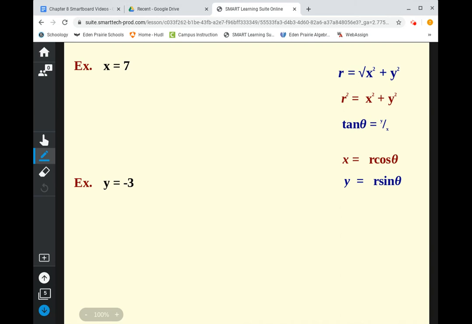Let's keep it moving. X equals 7. It might look like there's nothing that you can do, but actually there is, because if you look over here, here's some rules. X actually equals r cosine theta. So I'll replace the x with r cosine theta. R cosine theta equals 7. And then what can I do? I can divide both sides by the cosine of theta.